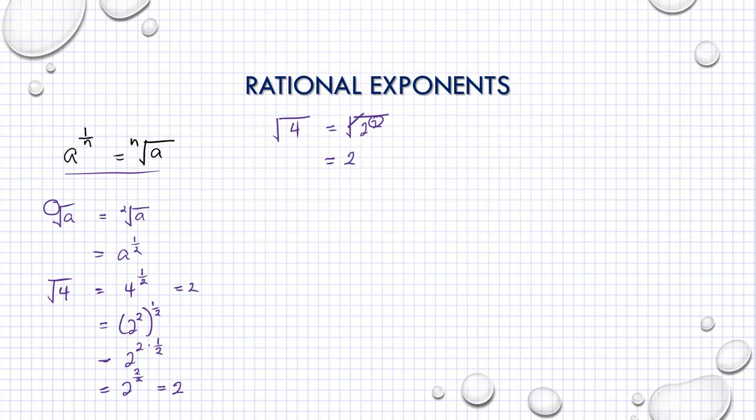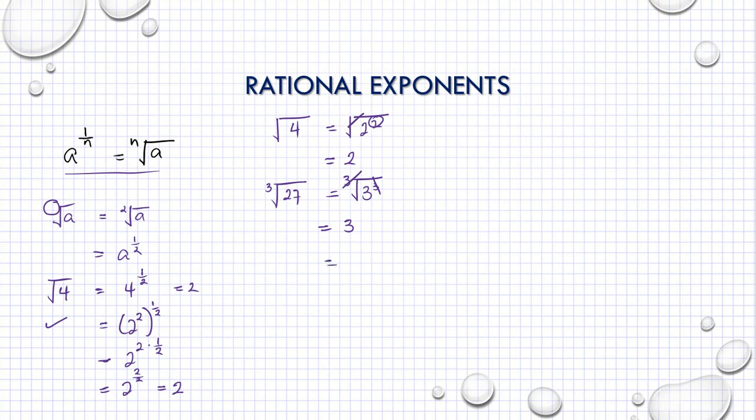This is another explanation. So if we have the third root of 27, then we know that it is the third root of 3 raised to 3. That's why they cancel each other, then we have only 3.